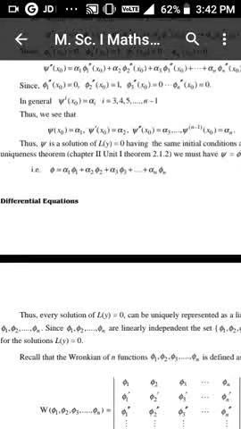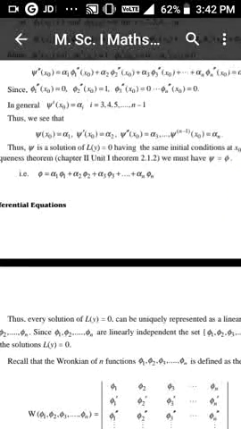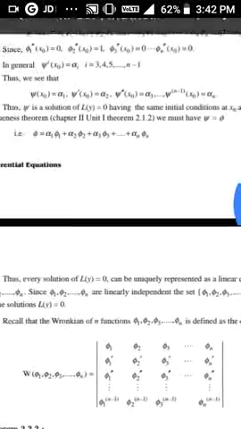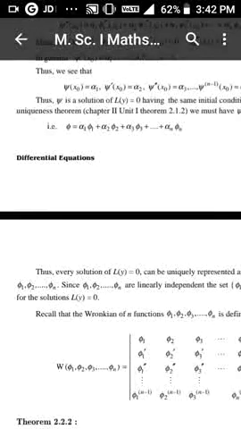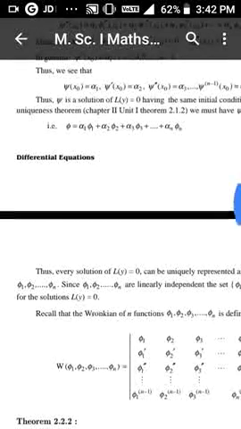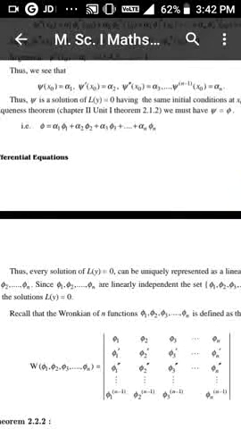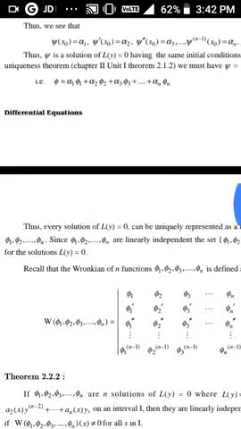Thus psi is a solution of L of y equal to 0 having the same initial conditions at x naught as that of pi. By the uniqueness theorem, we must have psi equal to pi, which is equal to alpha 1 pi 1 plus alpha 2 pi 2 plus alpha 3 pi 3 plus dot dot dot plus alpha n pi n.